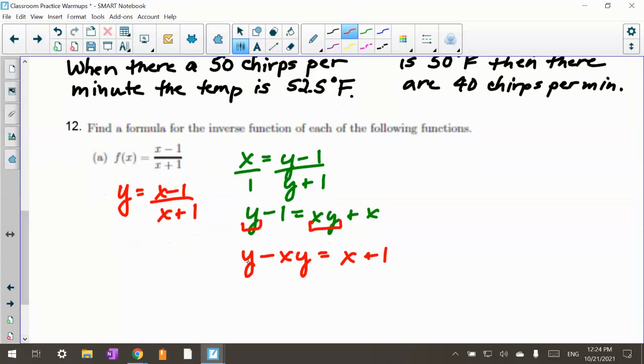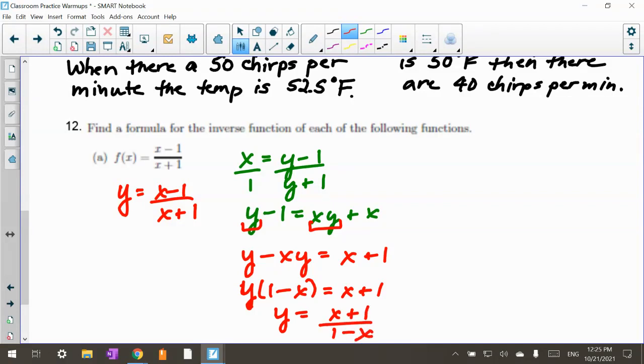And like I told you in class, if you have y in both terms on one side, you are going to factor out the y. So you have y times (1 minus x). And it's hooked to that parentheses by multiplication. So I'm going to divide by this, which I say divide by the glop. So you have y equals (x plus 1) over (1 minus x).